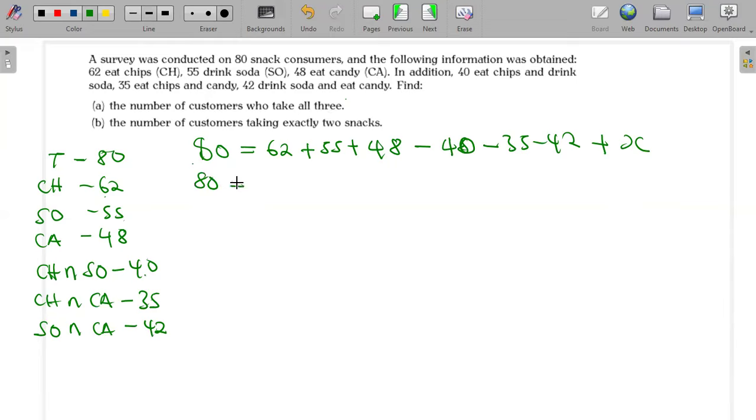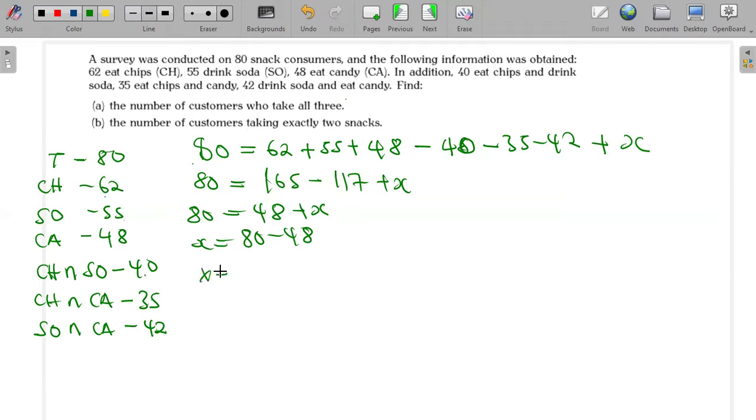So this is what we get. 80 equals 62 plus 55 plus 48, which gives 165, and then minus 40, minus 35, minus 42, and that gives us 117, then plus X. So 165 minus 117 gives 48 plus X, so X is equal to 80 minus 48, which is 32.